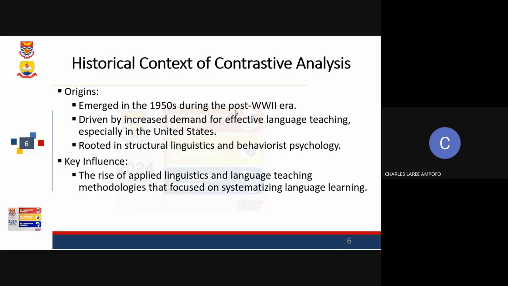Well, you know that English is the language of the world. There's no language that has more speakers than English. So after World War II, there were a lot of people moving across Europe and even beyond Europe to the Americas and all that. So it was around this time that contrastive analysis emerged.